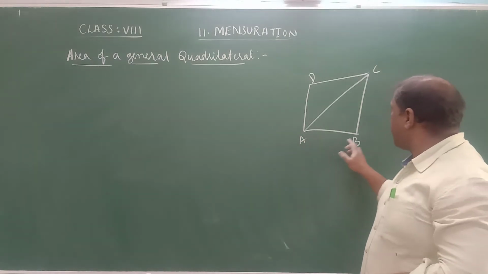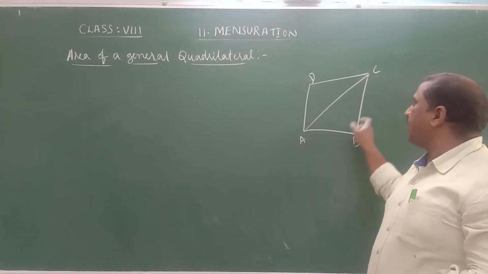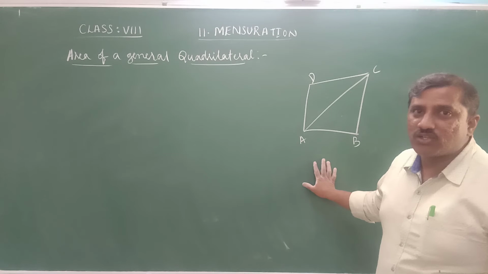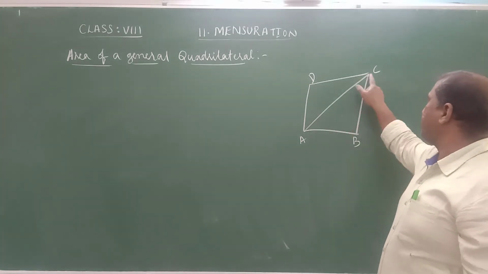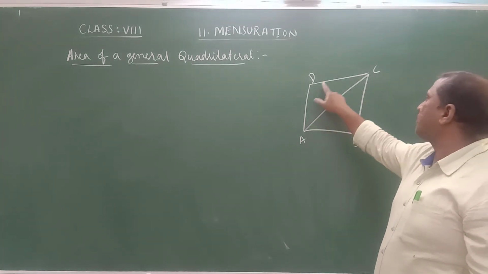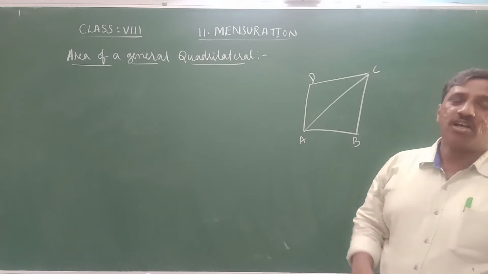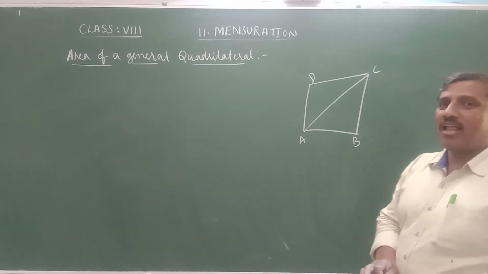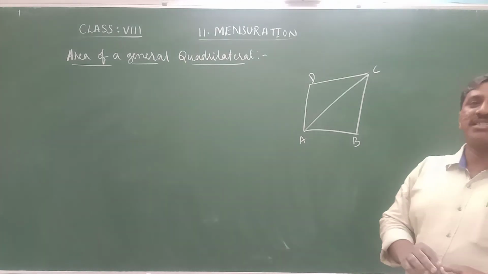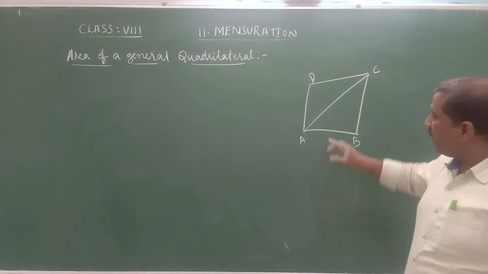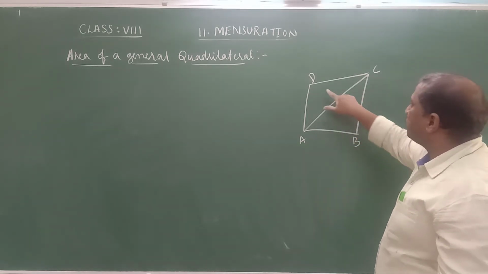Now the area of quadrilateral ABCD is equal to the area of triangle ABC plus the area of triangle ADC. To find the area of any triangle, we should know the base and height. Now AC is the common side for both triangles.